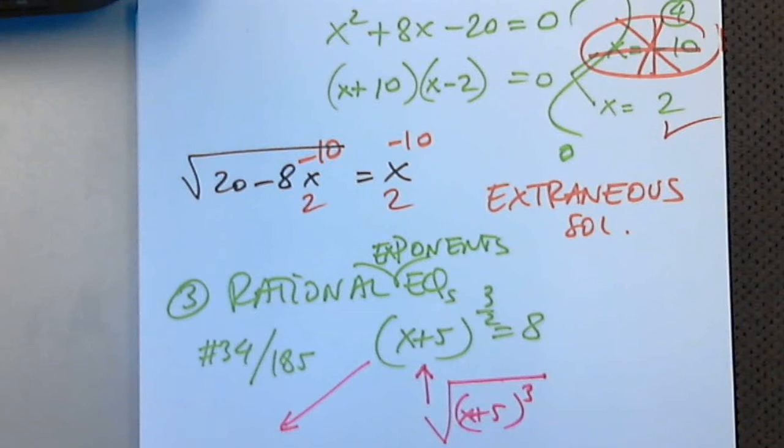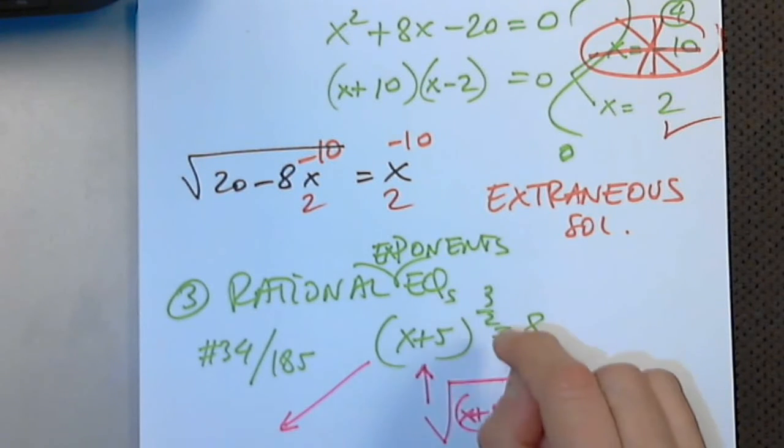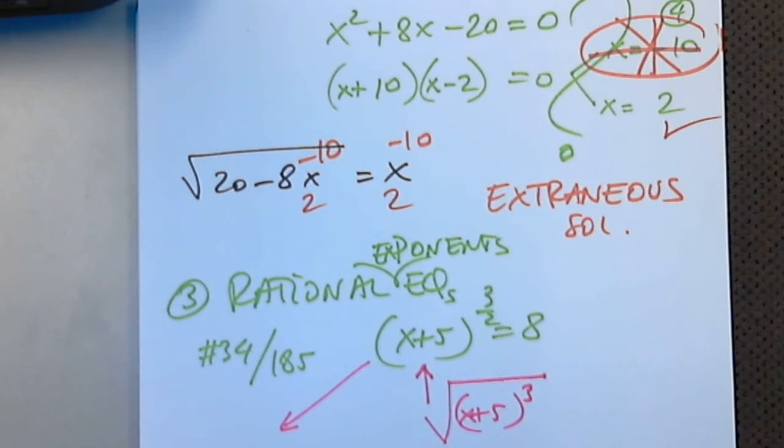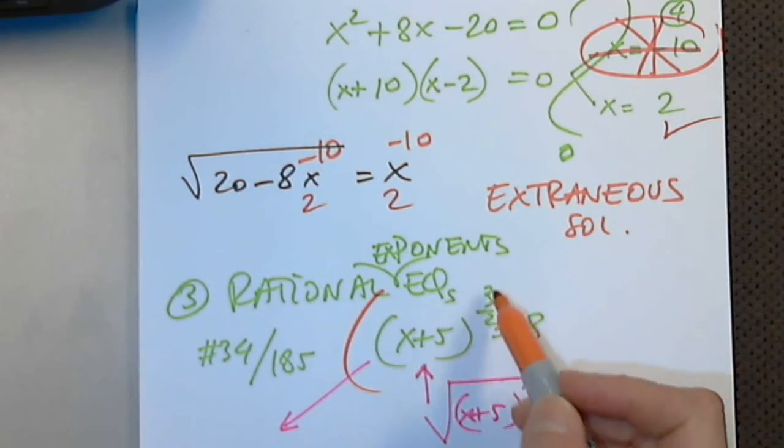So how do I eliminate first the denominator, which is 2 here? What should I do to both sides? Square. I cannot just simply multiply the power. Right? So it's a square root. So I have to square both sides.